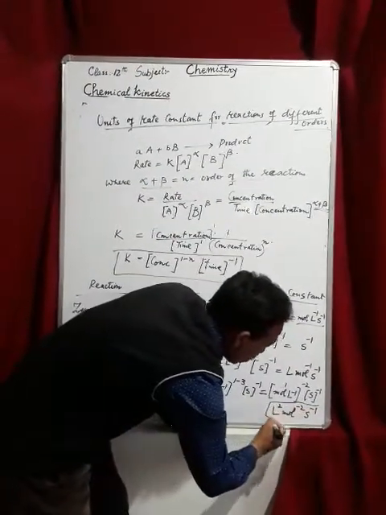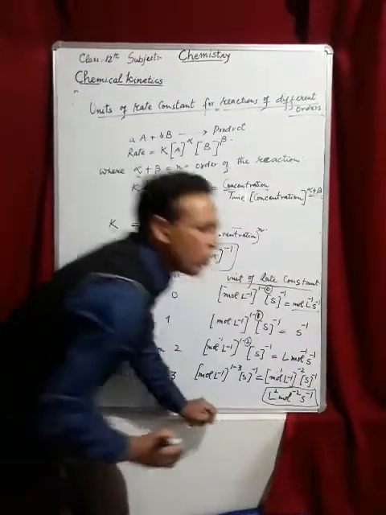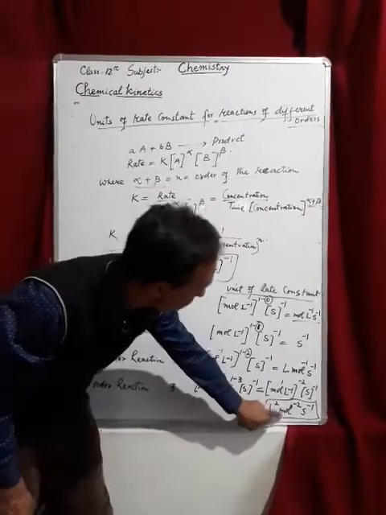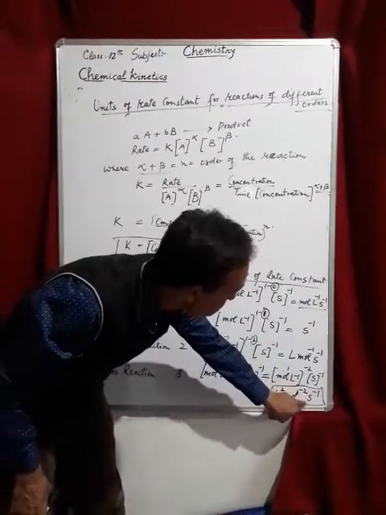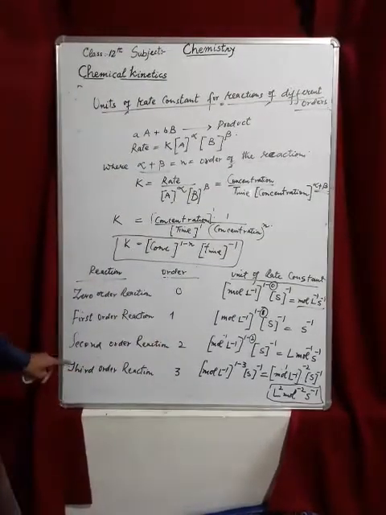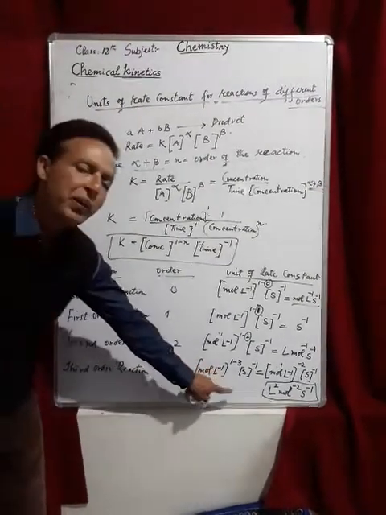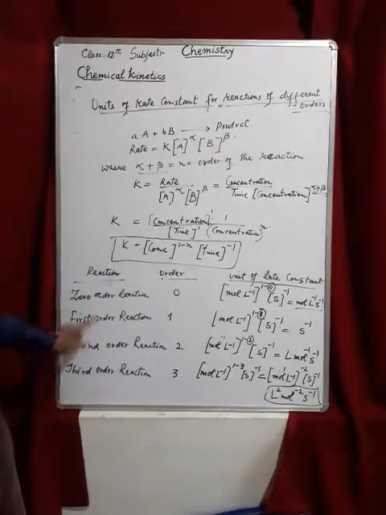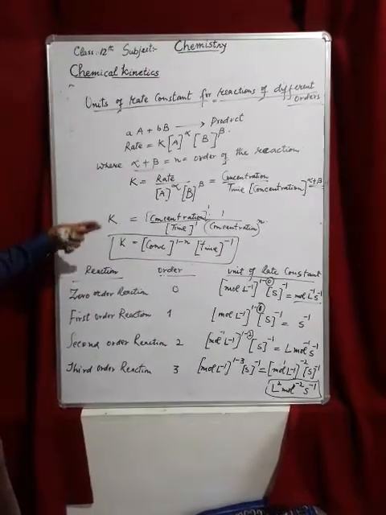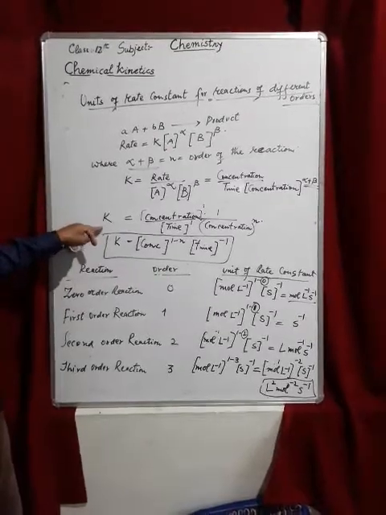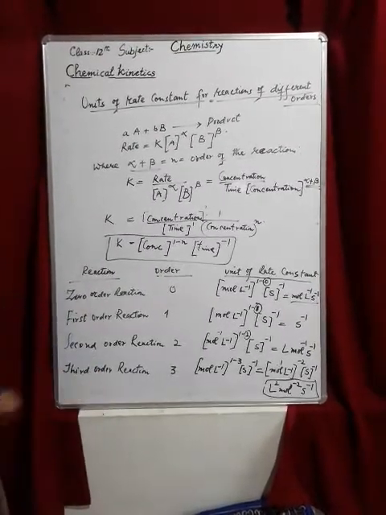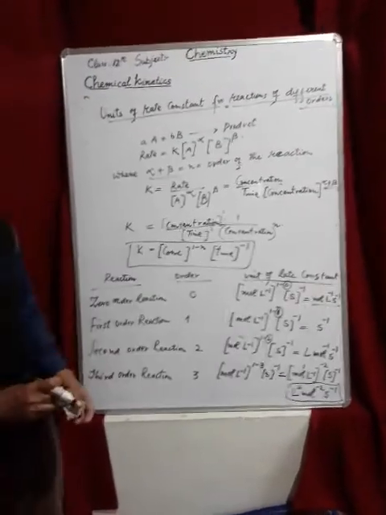So the unit for the rate constant of the third order reaction is liter square mole raised power -2 per second. This is the unit for the rate constant of the third order reaction. So again from the rate law expression we have derived the units for the rate constant of different orders of the reactions. Thank you.